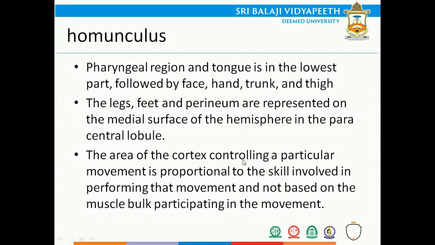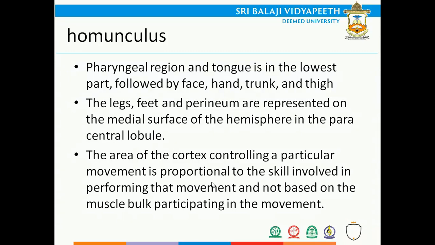The area of the cortex controlling a particular movement is proportional to the skill involved in performing the movement, and not based on the muscle bulk participating in the movement. Now, we have not drawn the image based upon the muscle bulk or the size of the organ. No, we have drawn the homunculus based upon the skill involved in the organ. For example, where more sensory skills and more sensory functions are involved, the organ is drawn bigger. For example, the tongue has been drawn bigger.